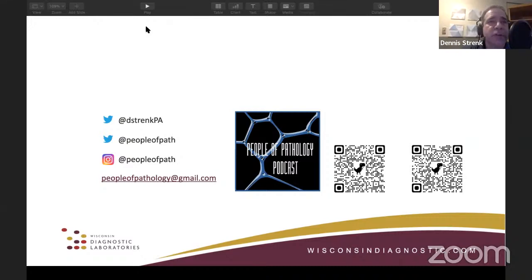As far as lymph nodes, you need to include how many lymph nodes are in each cassette and whether they're intact or cut. So if you've got a lymph node that you've bisected or trisected, you need to include that, and you would say one lymph node bisected or one lymph node trisected, so that whoever's looking at those slides, when they see 2 pieces or 3 pieces, doesn't wonder whether that's 2 lymph nodes or 3 lymph nodes.